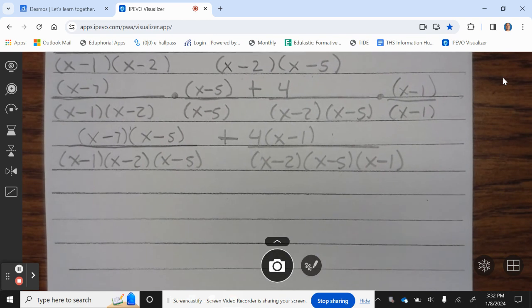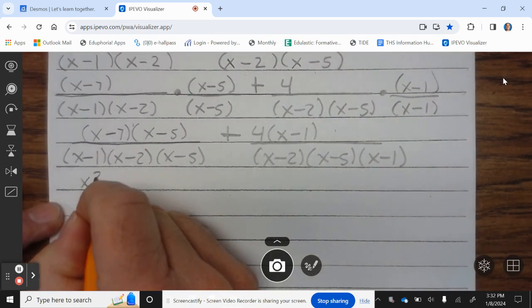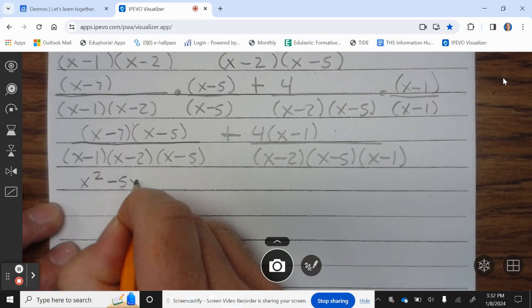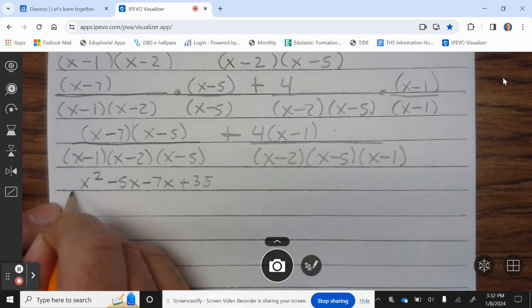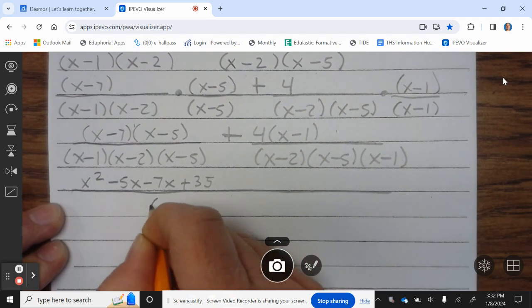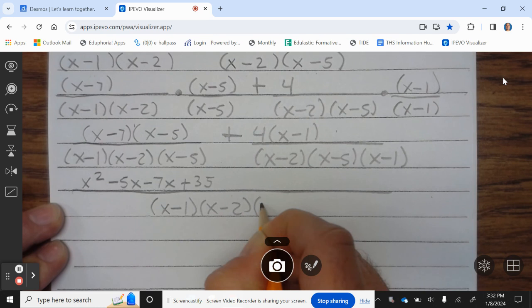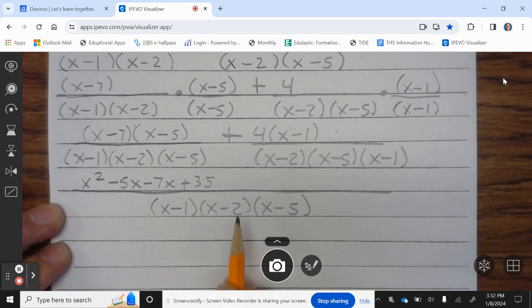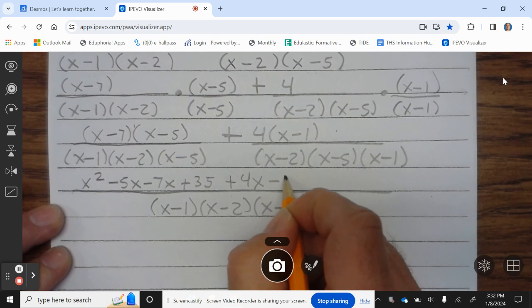Okay, so now we FOIL this. X times x is x squared minus 5x minus 7x plus 35 divided by x minus 1 times x minus 2 times x minus 5. And then 4 times x minus 1 is plus 4x minus 4.